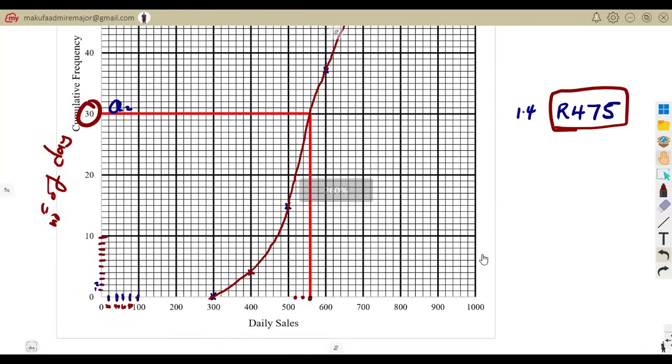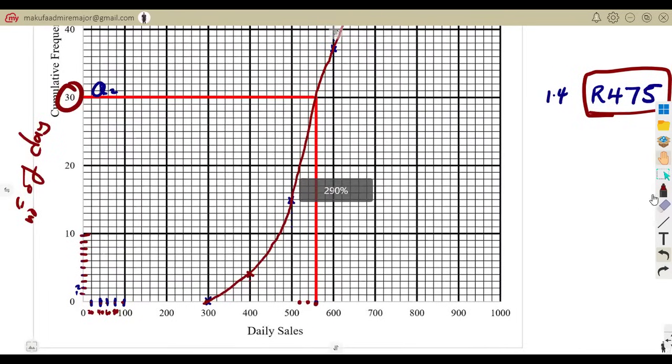So where is 475 from our graph? On the cells, where do we have 475? Remember, each box represents 20 on the cells. So this is 400, 420, 440, 460, 480. So 475 is in between these points, 460 and 480.